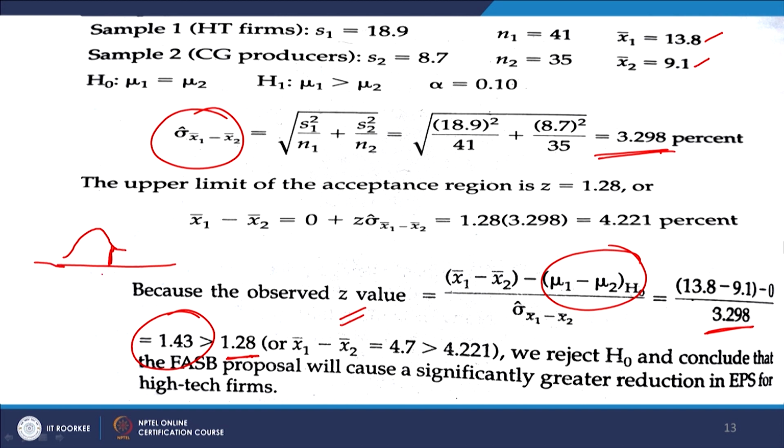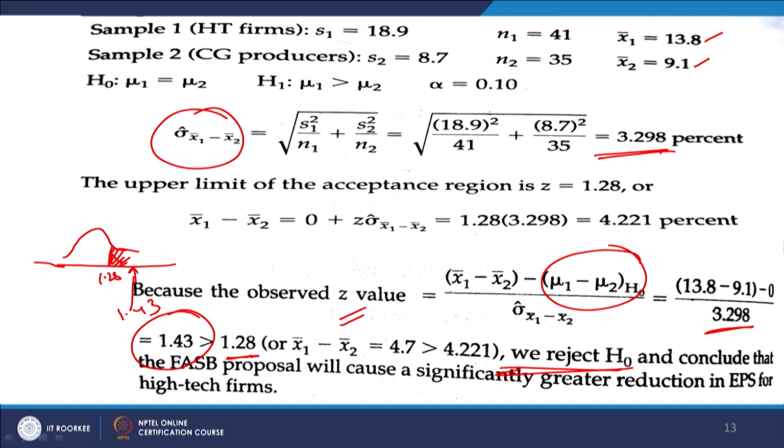So, this is your 1.28 and this is your rejection region, and the calculated z value is somewhere here, which is 1.43. So, you will reject the null hypothesis, and when you reject the null hypothesis, it means you are accepting the alternative hypothesis.